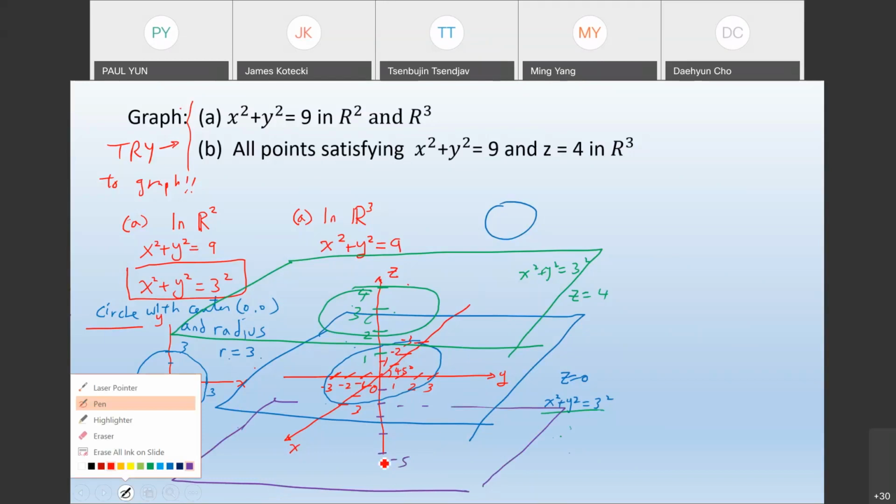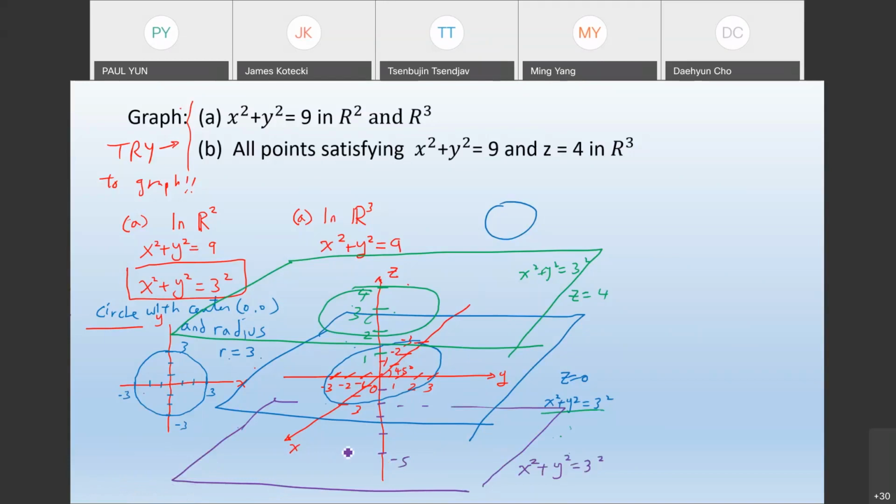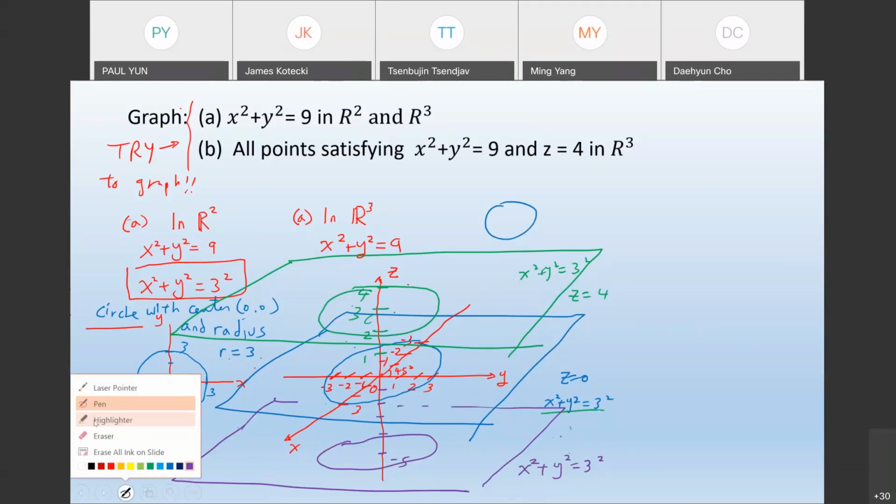So what is the xy relationship when z equals -5? Well, x and y obey this rule. Oh yeah? Oh, you guys just said circle, okay. And do this.